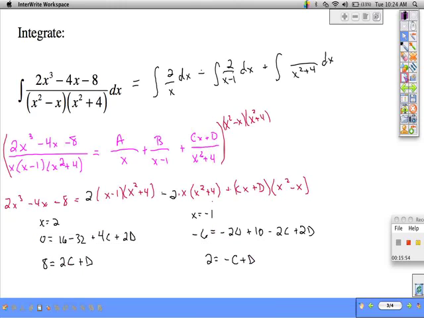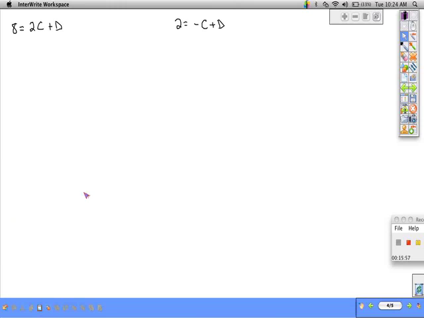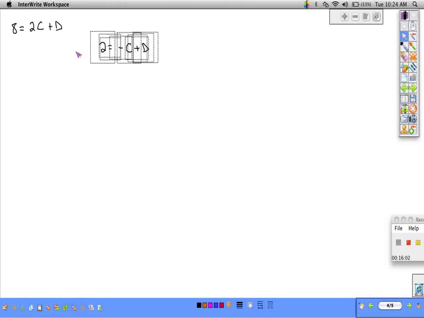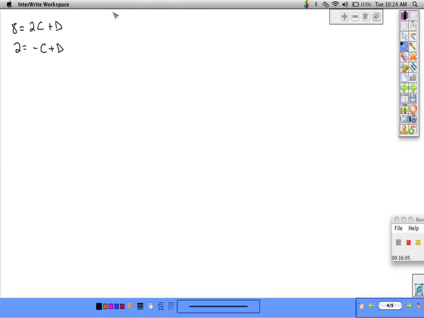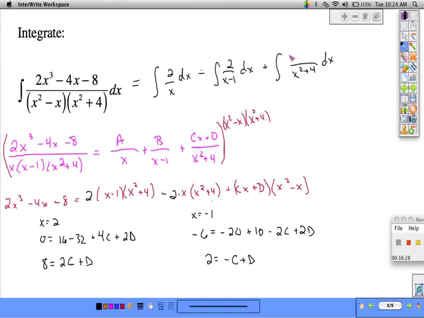We know how to solve that. And this one's pretty straightforward. If I just subtract the two equations, C is 3, therefore D has to be, once I substitute back in, 2. So C is 3, D is 2. So 3x plus 2 is my final numerator.